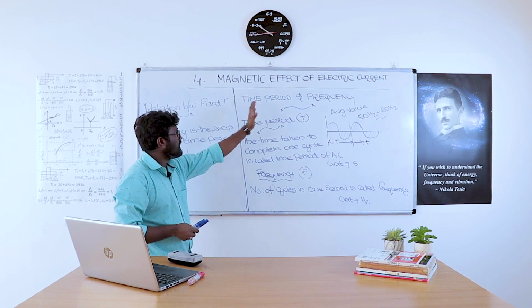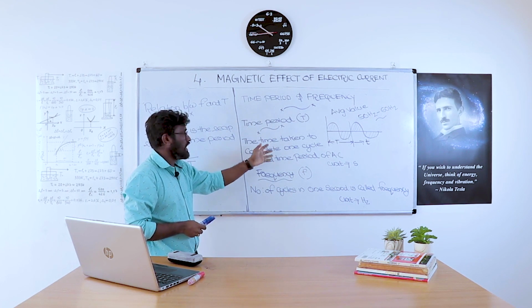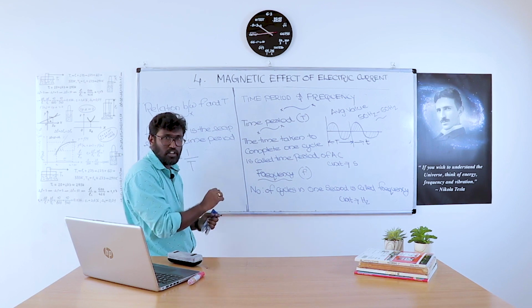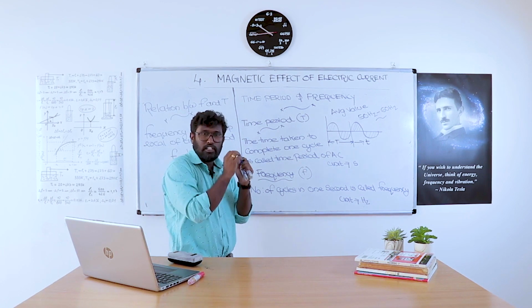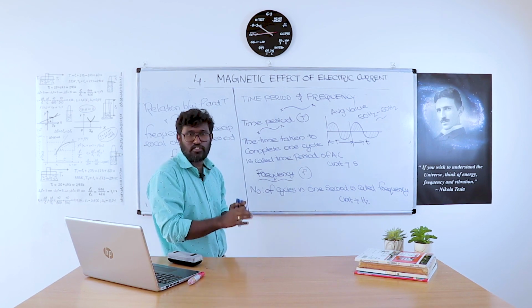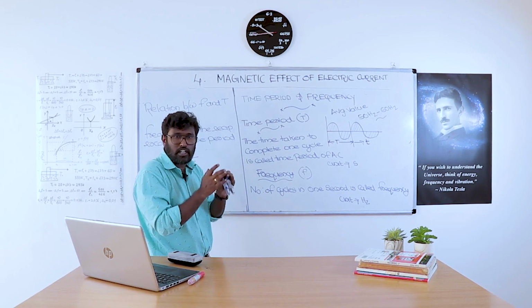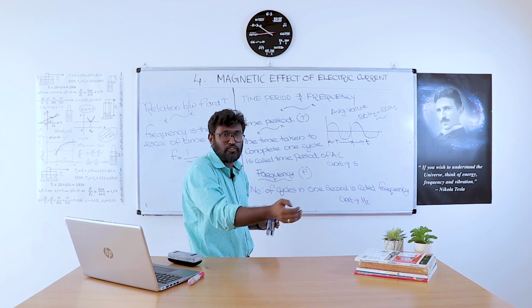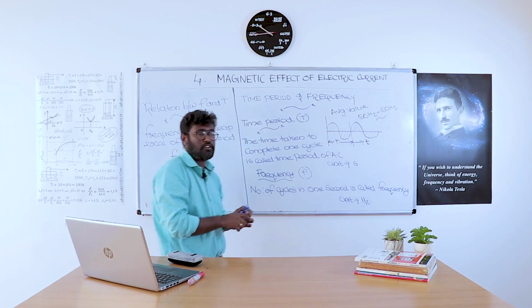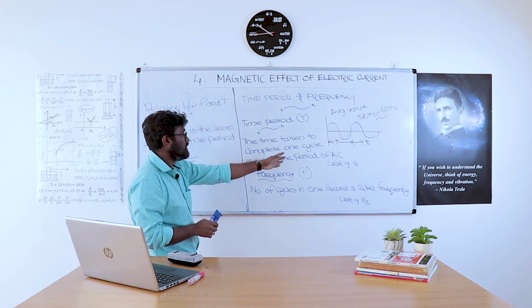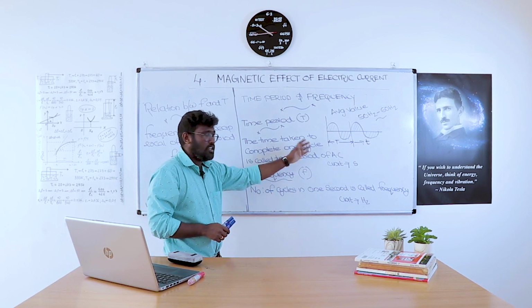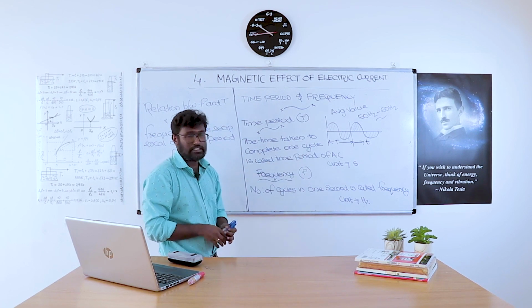So that's all about the time period and frequency of AC. The time taken to complete one cycle is called the time period of AC. Number of cycles in 1 second is called the frequency. So the time period and frequency are mutually related. The time period is the reciprocal of frequency, or otherwise we can say that the frequency is the reciprocal of time period. The unit of time period is seconds and the unit of frequency is hertz.